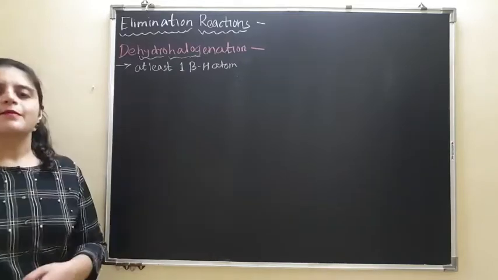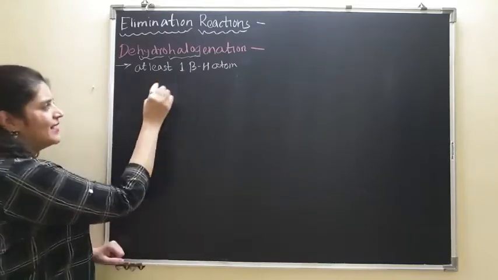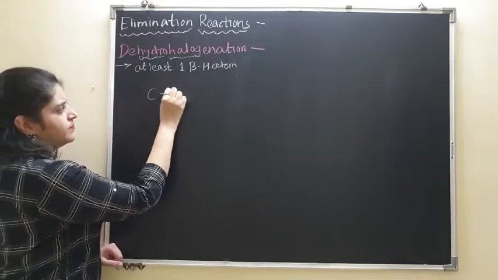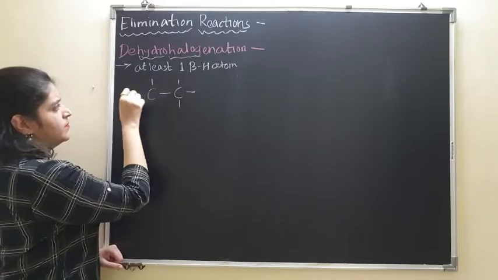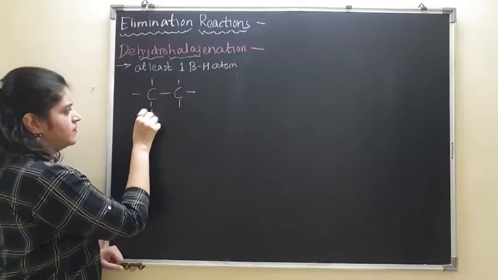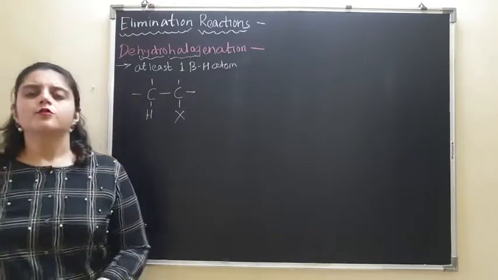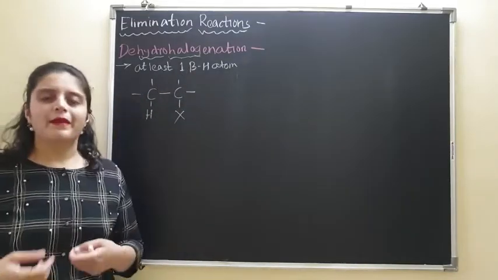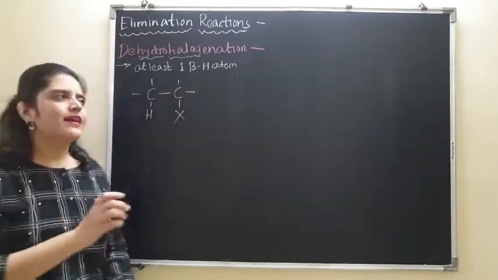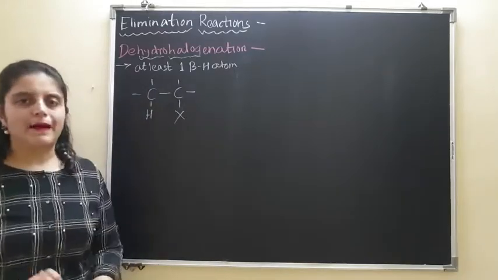Let us take some random example of alkyl halide like this. Okay. So I have written a structure of alkyl halide. Some groups may be attached over here, but right now what we require is only this part.